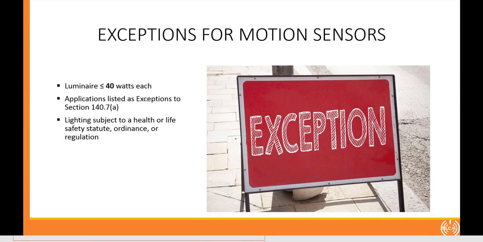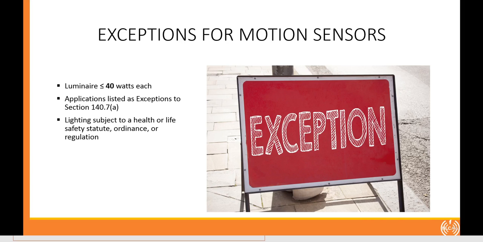What are the exceptions for this motion sensor requirement? Well, there's three of them. First one is if your luminaire is equal to or less than 40 watts, you can avoid this motion sensor requirement. Now, I would say that lights on a pole, most likely you're going to be over 40 watts. So you're going to be looking for fixtures that have the embedded sensor already, or the integrated sensors already in them.